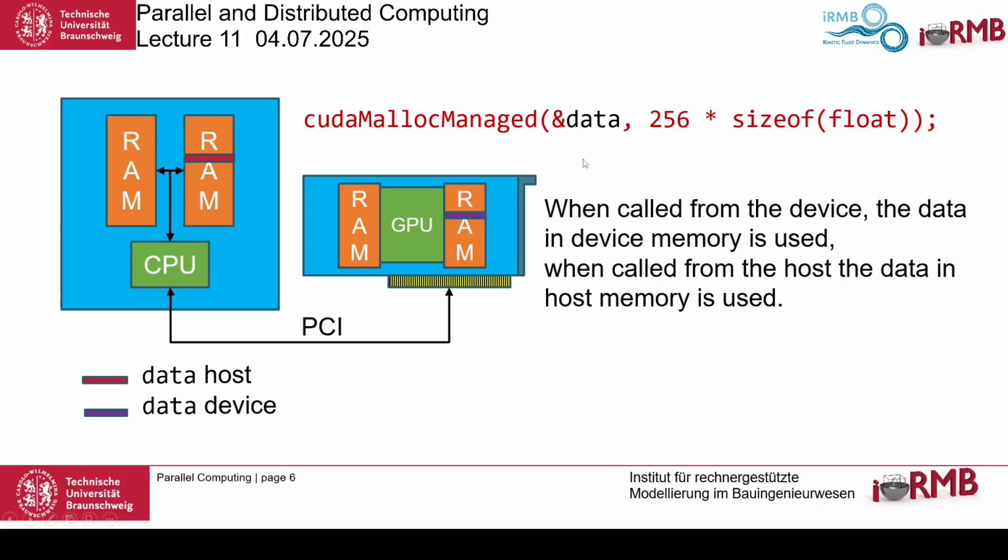So either you allocate memory on the device and on the host, and then you have two pointers. And when you do this, you need to take the correct pointer. As I said last time, an address makes sense only together with the country you are in, right?